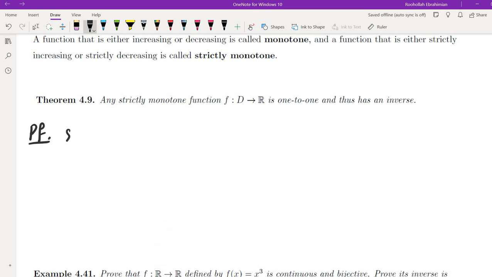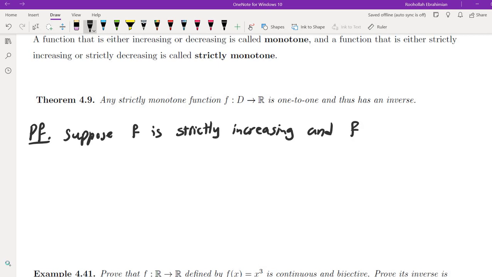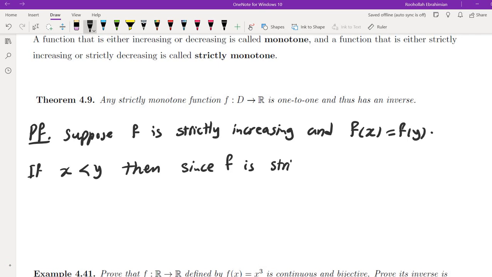So let's suppose f is strictly increasing and f of x is equal to f of y. If x were to be less than y, then since f is strictly increasing, f of x would be less than f of y, which is a contradiction.